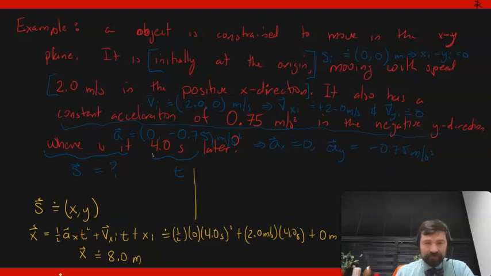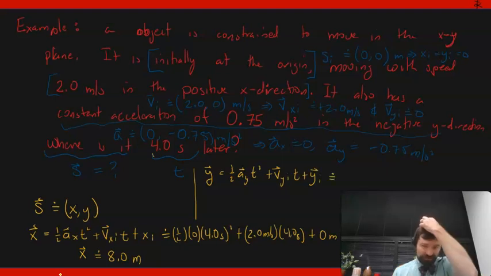We can do the same basic thing for y: 1/2 a_y t squared plus v_y initial times time plus y initial.